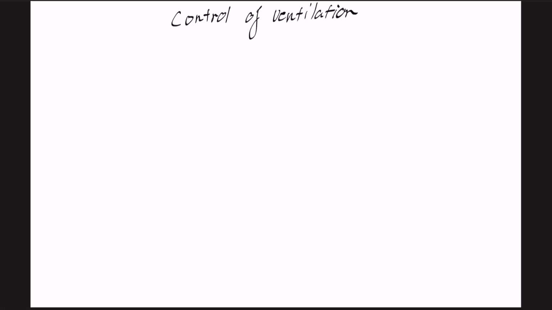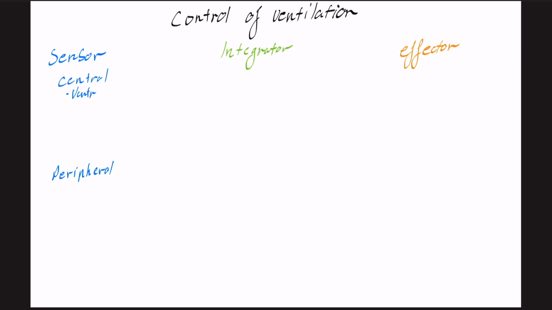If we talk about the control of ventilation, this is a sensor, integrator, effector system. Our sensors can be divided into central and peripheral, with central being our ventral medulla, which is sensitive to CO2. But remember, it's not the ventral medulla actually sensing CO2.